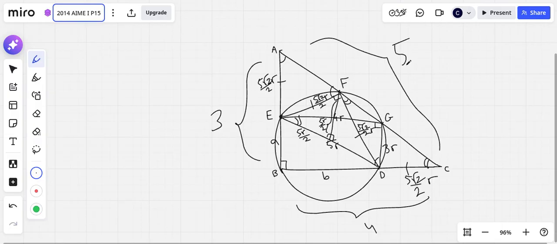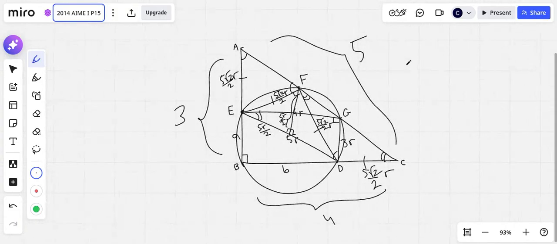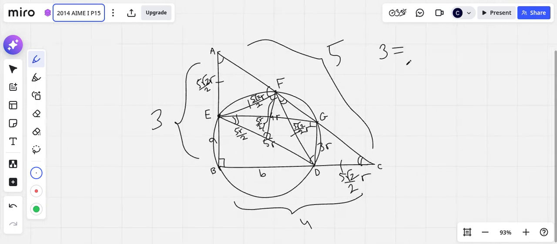Now we actually have enough information to get 3 equations with 3 variables. My first equation will be the segments that add up to segment AB, which is 3, so 3 is equal to 5 square root of 2 over 2 r plus a.